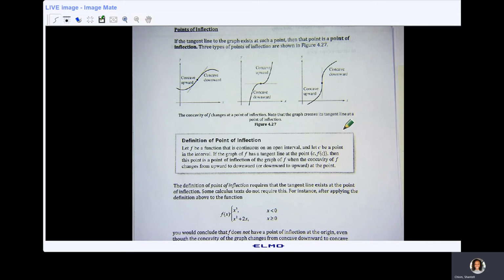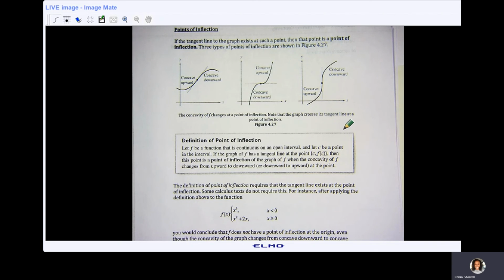So basically, when you have those critical values, if at those critical values you have a change in concavity, so basically remember you're setting up your intervals. Your intervals are set up using your critical values, whether the critical values be because the original function wasn't continuous, or if those critical values are found when f double prime equals 0 or f double prime doesn't exist.